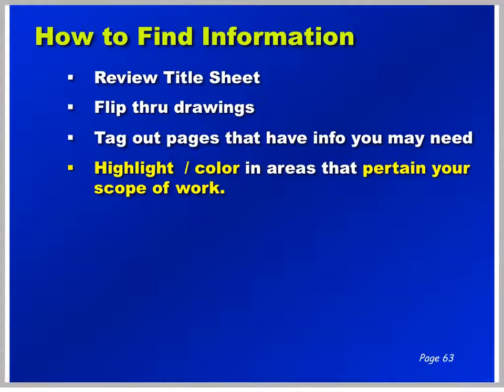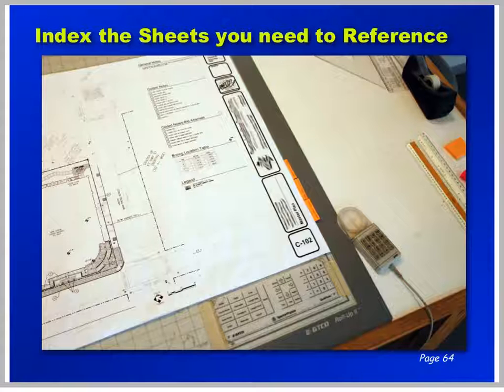If I'm an estimator, I'm going to color it in as I take the information off. If I'm building a job, I might highlight the different portions of the work that are being completed. So you can develop your own system as to how you want to use that part of the drawings. Here's simply an example of a simple tabbed out set of drawings that I was working on.